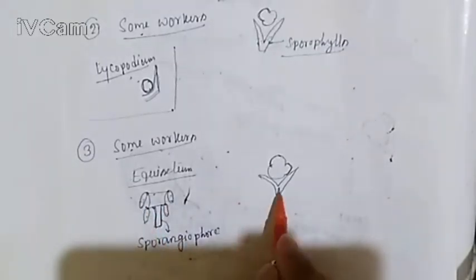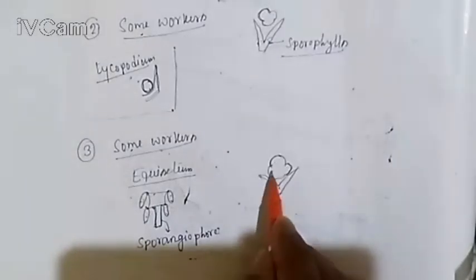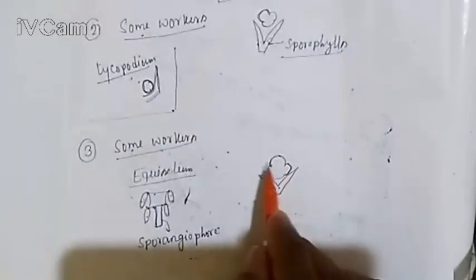They are trying to compare it because they describe this as a sporangiophore which has numerous sporangia, and this is Psilotum where the trilobed structure is present. So this is another controversial opinion, the third opinion.